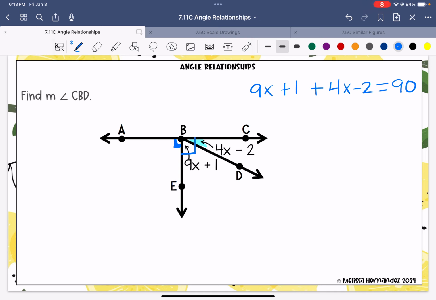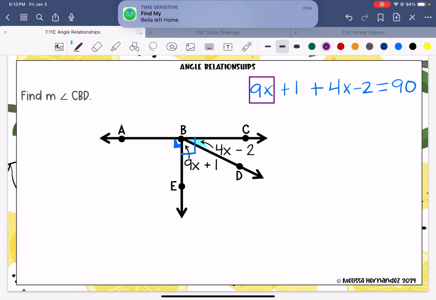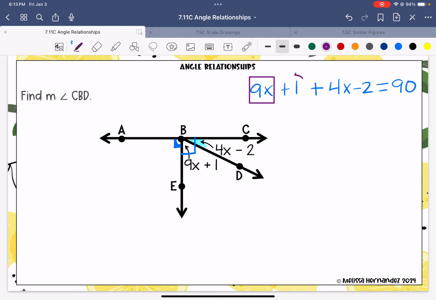If you make a mistake, you'll just write 180, and there will be an answer choice for that, so you want to be careful. We're going to combine like terms, so I'm using shapes. I'm going to put a box around the 9x. I'll use a circle around plus 1. I can't use a box because they're not like terms. Plus 4x is a like term with 9x.